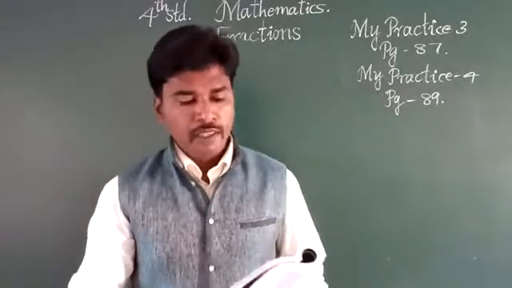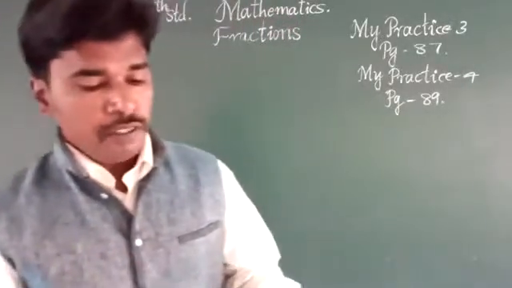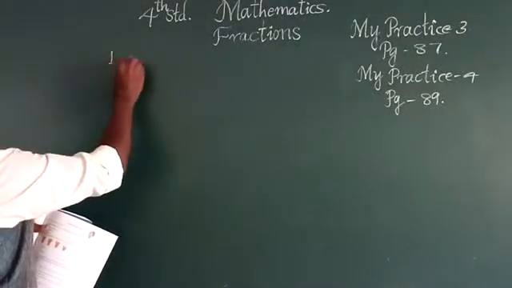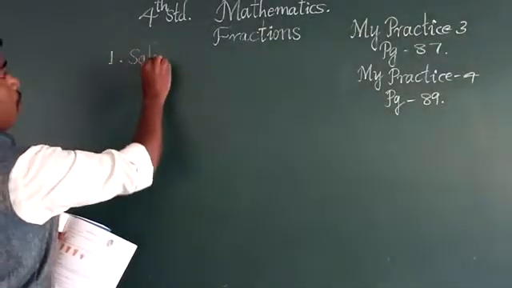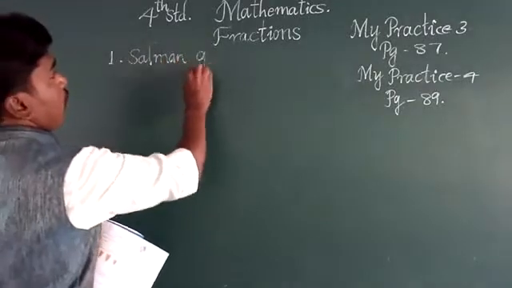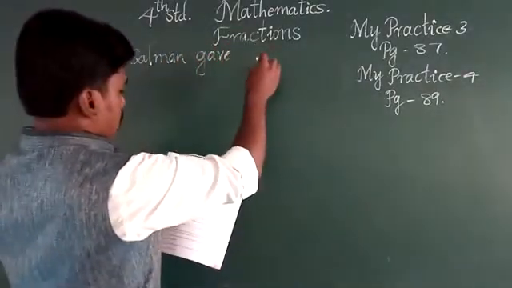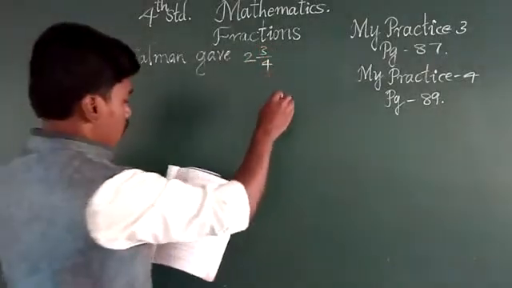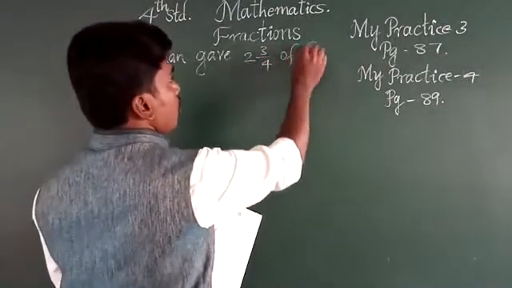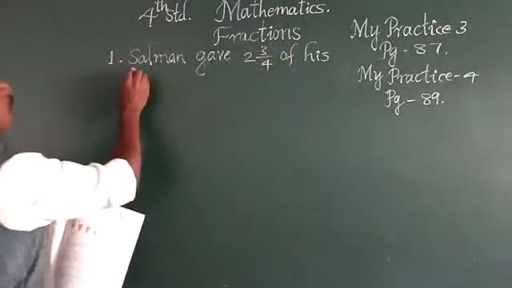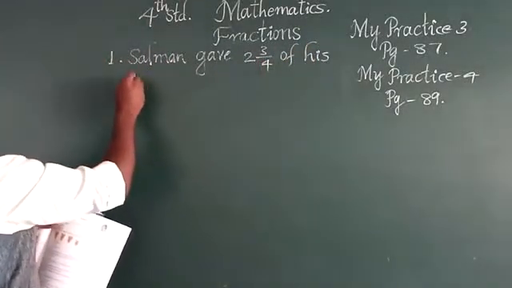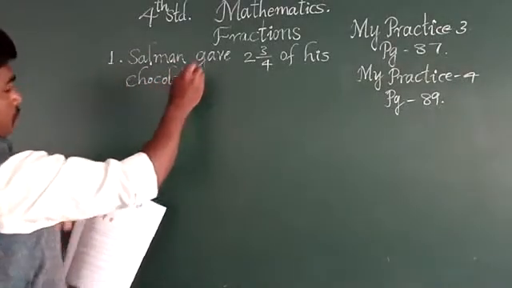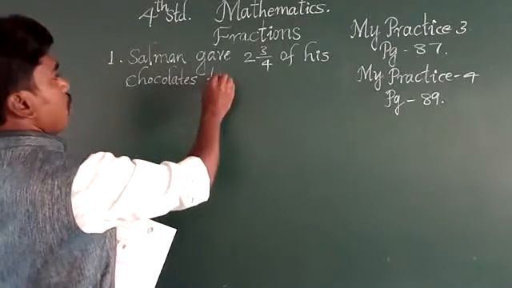Observe here, children. First one: Salman gave 2 into 3 by 4 of his chocolates to his friends.